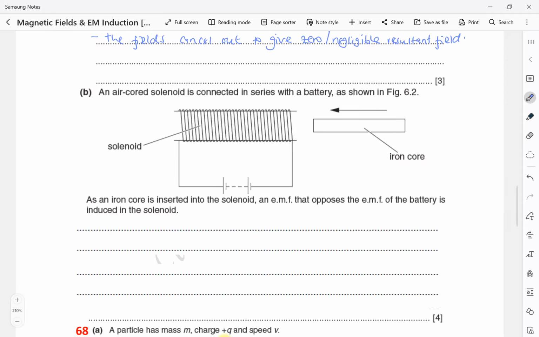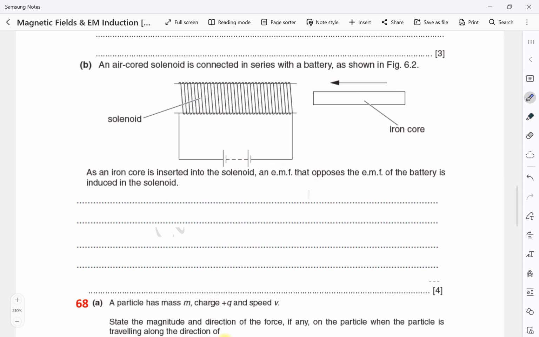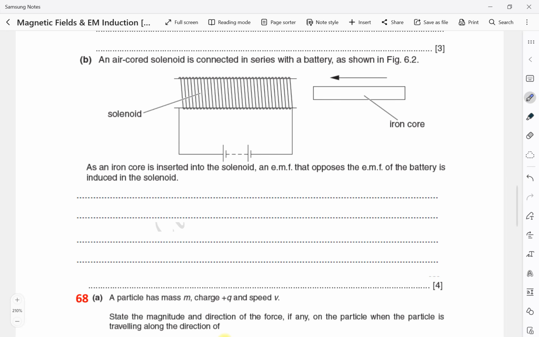An air-cooled solenoid is connected in series with a battery as shown in the figure. The observation is an iron core is inserted into the solenoid. An e.m.f that opposes the e.m.f of the battery is induced in the solenoid. As an iron core is inserted, inserting an iron core is equivalent to increasing the magnetic flux in the solenoid.